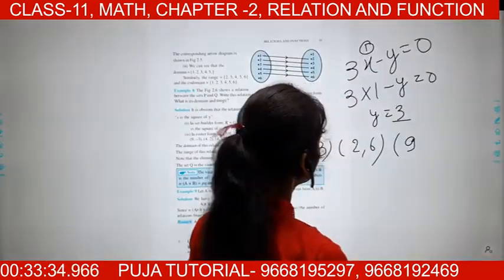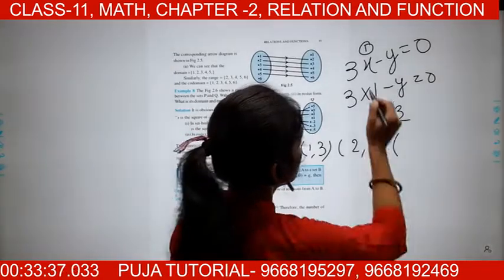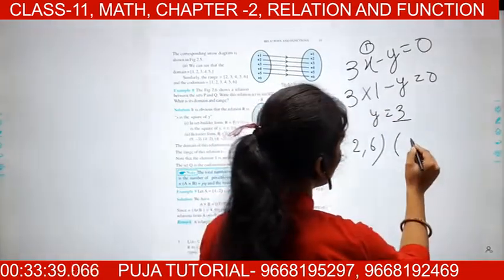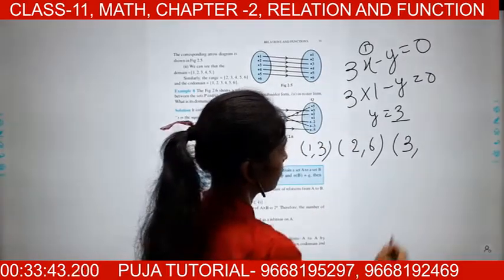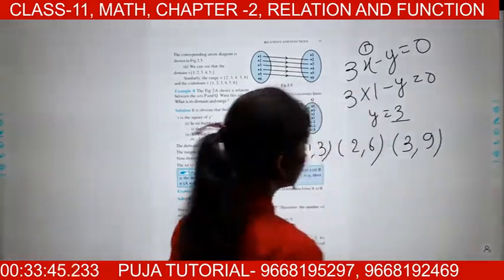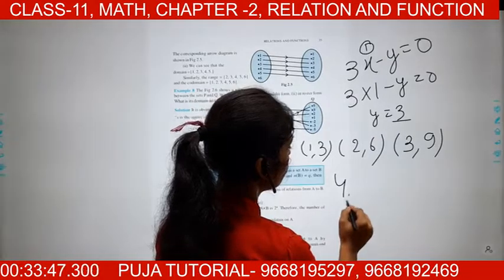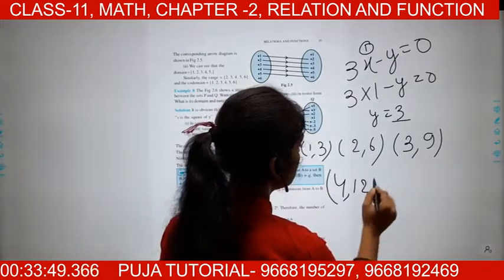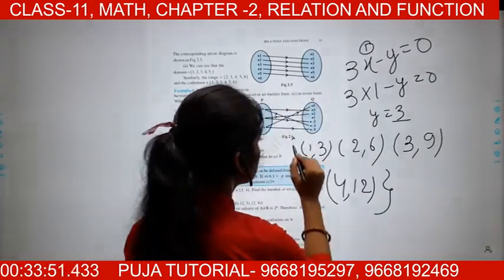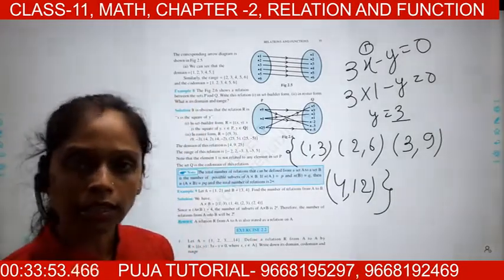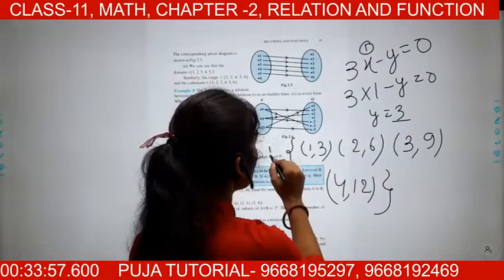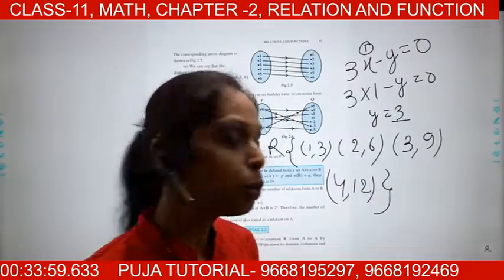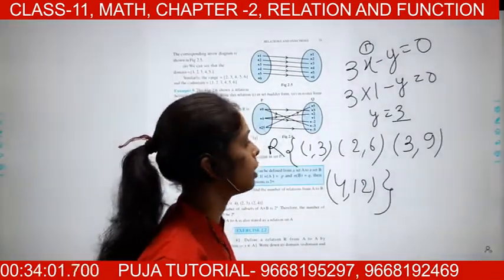Third one will be 3 and 9. Fourth one will be 4 and 12. Then these are the elements of the relation R. Now you find out the domain.